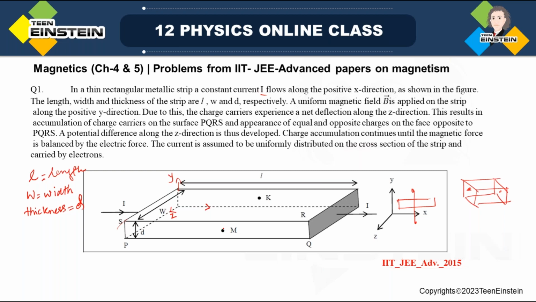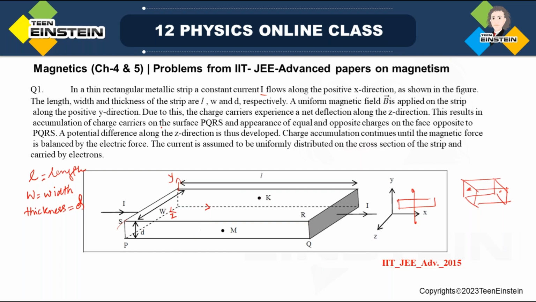This is one face, PQRS, and another face is this one where K is pointed. So these are two opposite faces. Equal and opposite charges will be accumulated. If it is positive here, then it will be negative here, or vice versa. We will see which charge is going to which face.